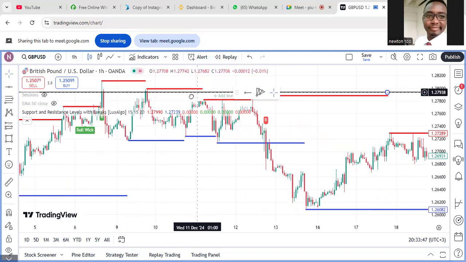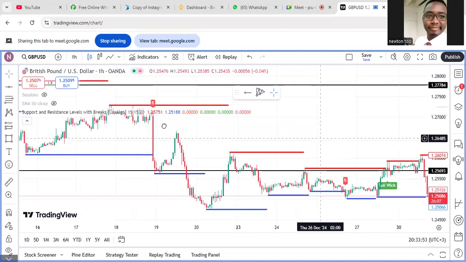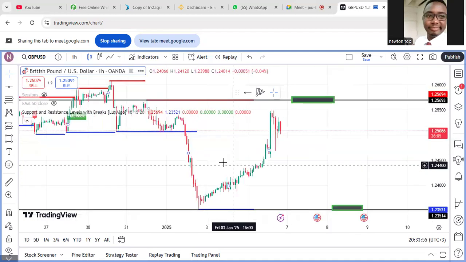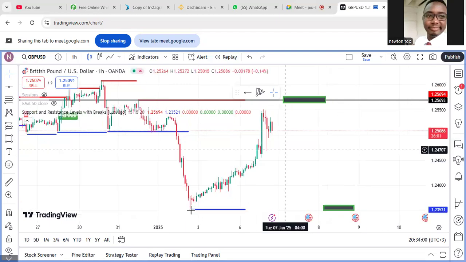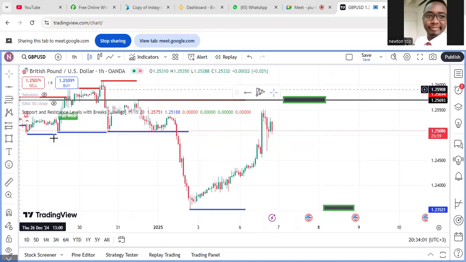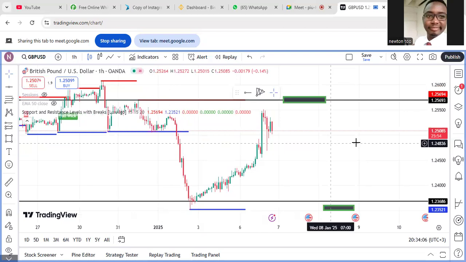Then here again, on the body, you got this entry. Like right now, it has given us on the wick. So you can draw it on the body here, where the body is closed.